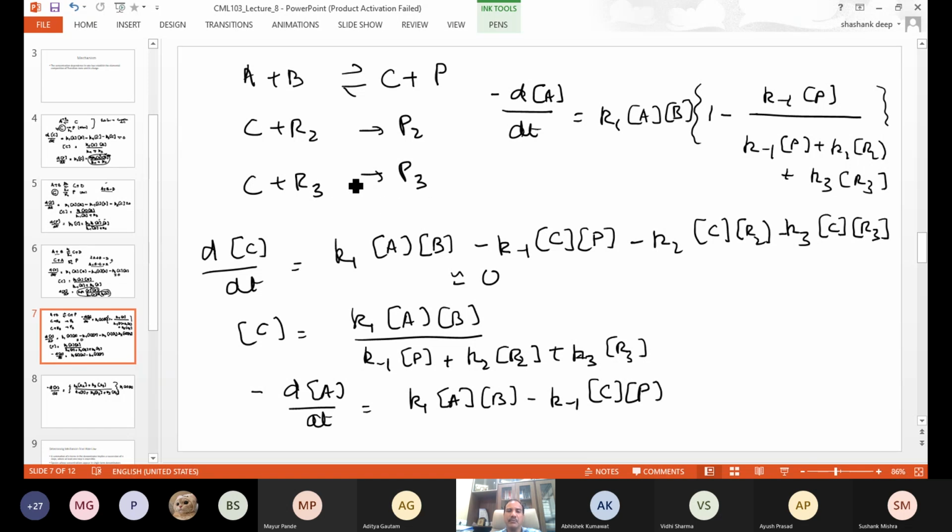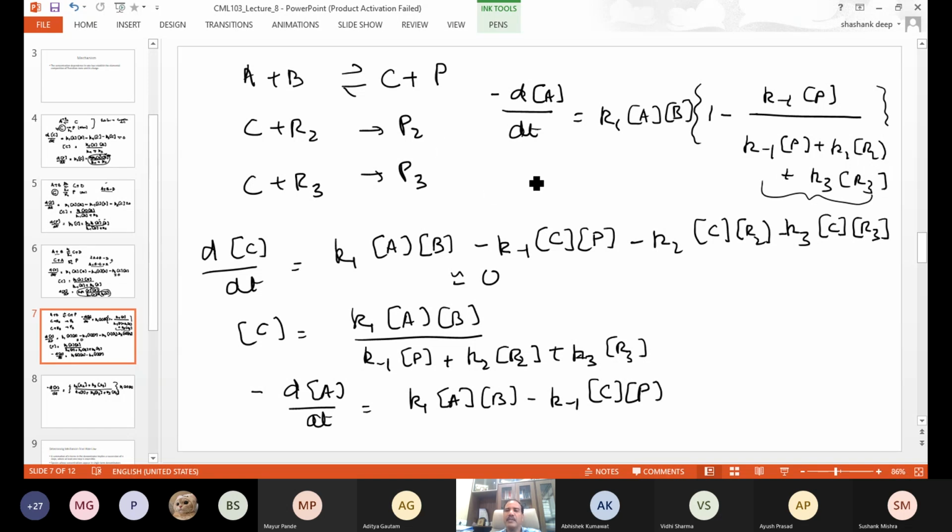Now what should the rate law be? The rate law should be, if you look here, minus dA by dt is K1 AB. Here in the denominator, what you will get is P, reactant R2 and reactant R3.